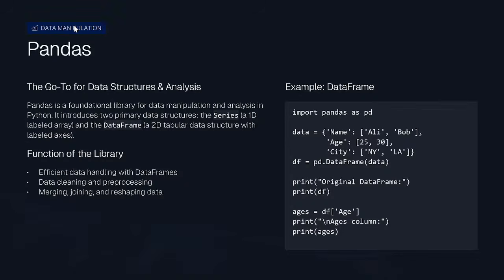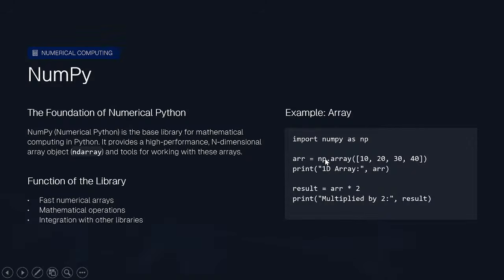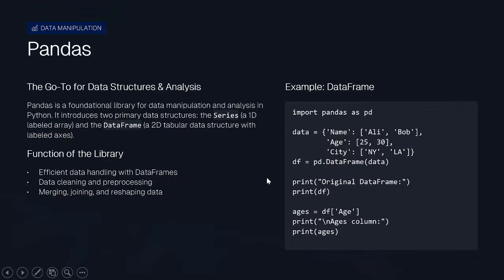The Series is like a 1D array, the one we studied here, like this 1D array. This is a Series, and a DataFrame is like a table where we have rows and columns. That is known as a DataFrame.